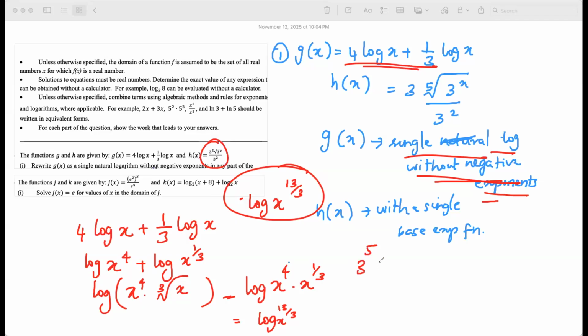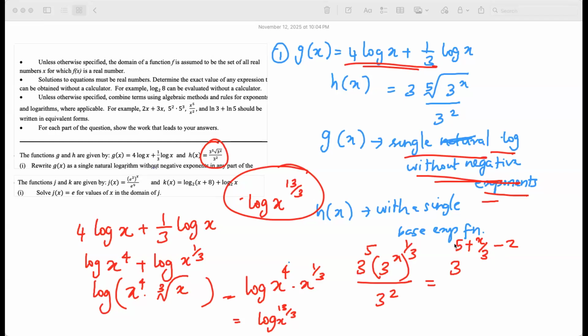3 power of 5 plus 3 power of x whole power of 1 by 3, divided by 3 square, right? So 3 power of 5 plus x by 3 minus 2, because all are in base 3.